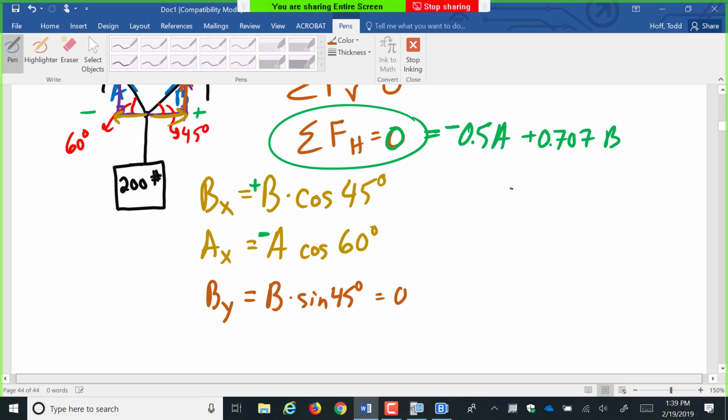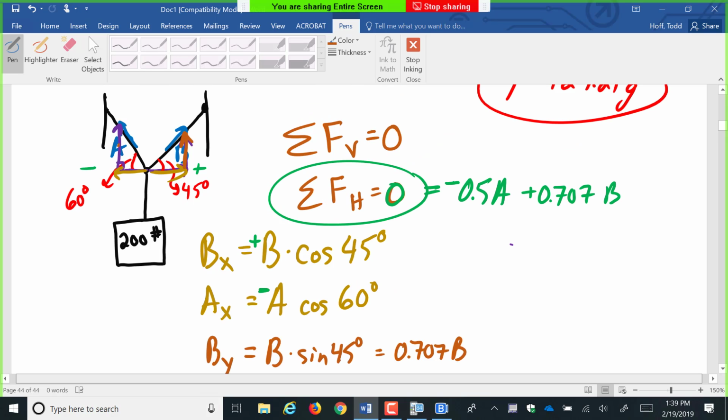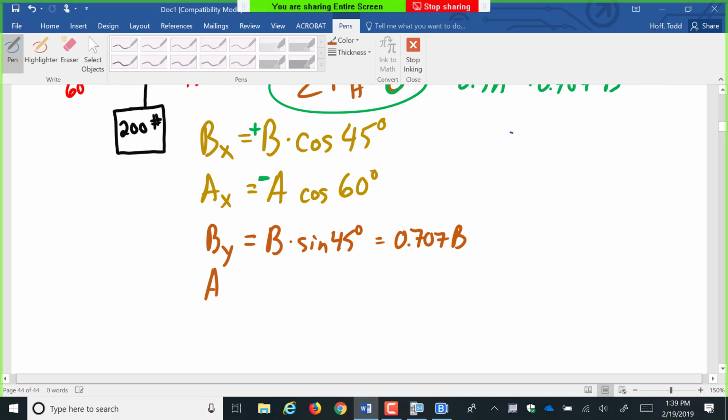Sine of 45 degrees is 0.707 again. So that's just 0.707B. This vertical component here of force A is A times the sine of 60 degrees. So the vertical component of A is A sine 60. If you punch in the sine of 60, it's 0.866. So that's 0.866 times A.